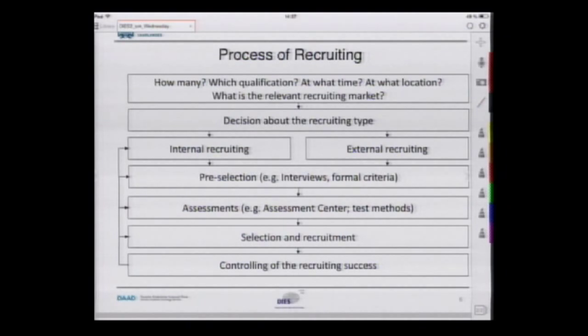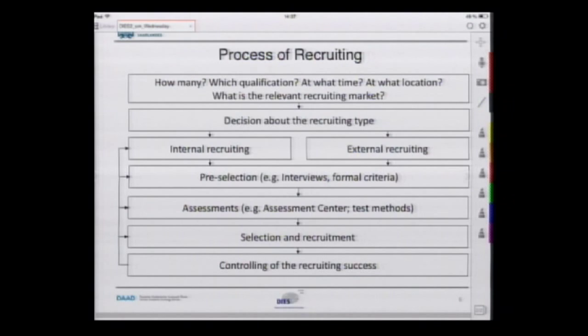What do formal criteria mean? What do you think it is? At this point, not tests. So you only have the application there. What can you check? Yes, you can check the profile. Does it fit the profile in your job advertisement? Is the degree the right one? Is the work experience there? And so on. So you can check formal criteria.